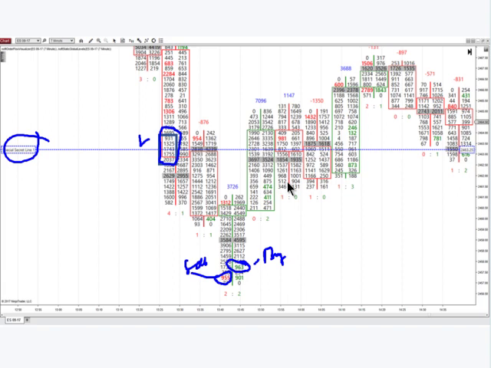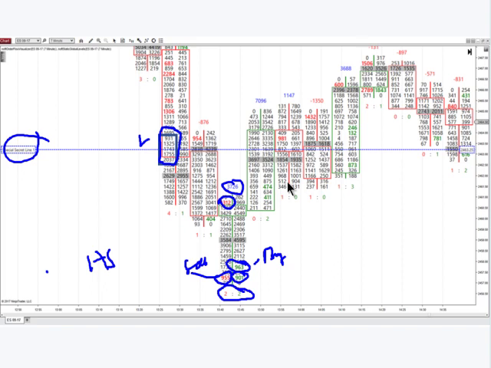The numbers across the bottom here are the summary of the imbalances. So there's 2 reds, and there's 2 greens. And the number at the top is either blue or red. Blue if it's positive.